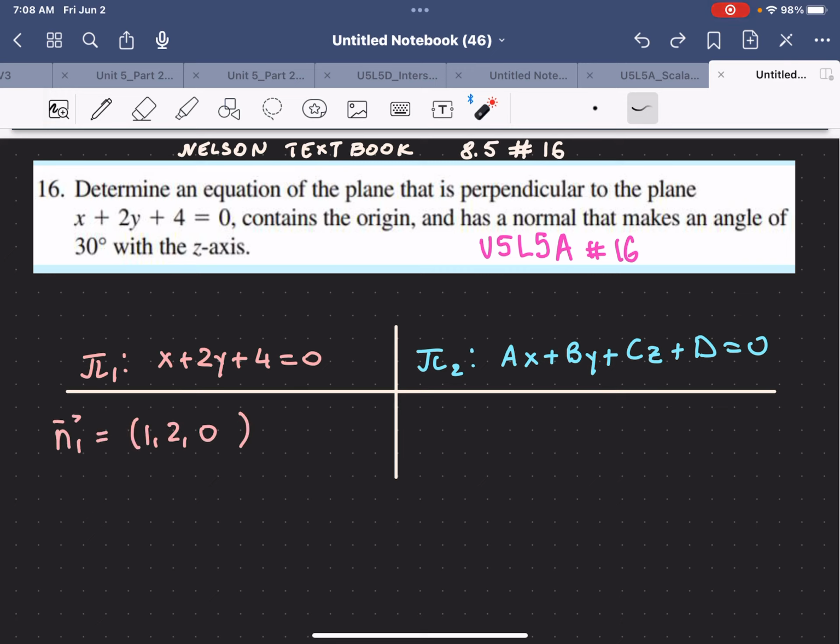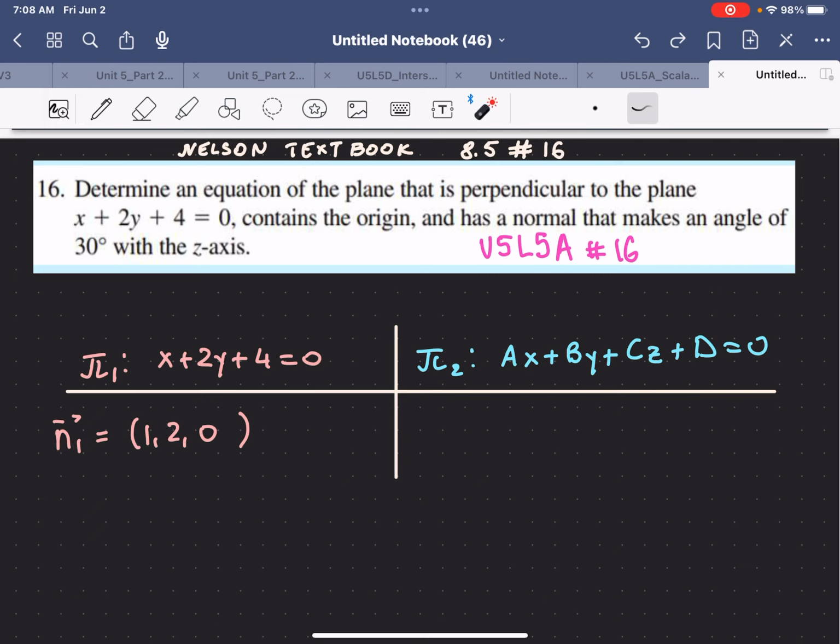So the normal to plane pi 1 has coordinates (1, 2, 0). Remember, this is one of the normals we can use. Another normal can be a multiple of (1, 2, 0), for example double, or negative 3 over 2 times (1, 2, 0), or root 3 times (1, 2, 0). So any multiple of the vector (1, 2, 0).